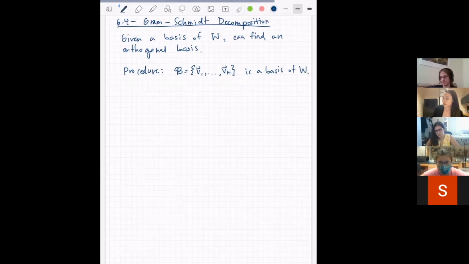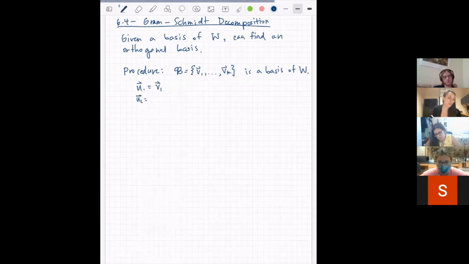It's going to be orthogonal. So we're going to define some new vectors. Start with U1, and we'll just take V1 to be U1. This is the easiest part. You just start with the first vector.